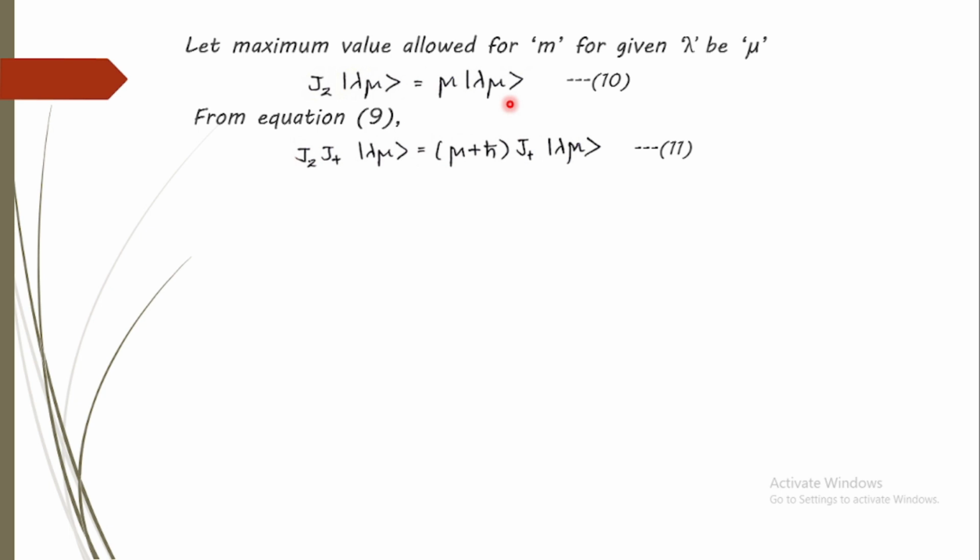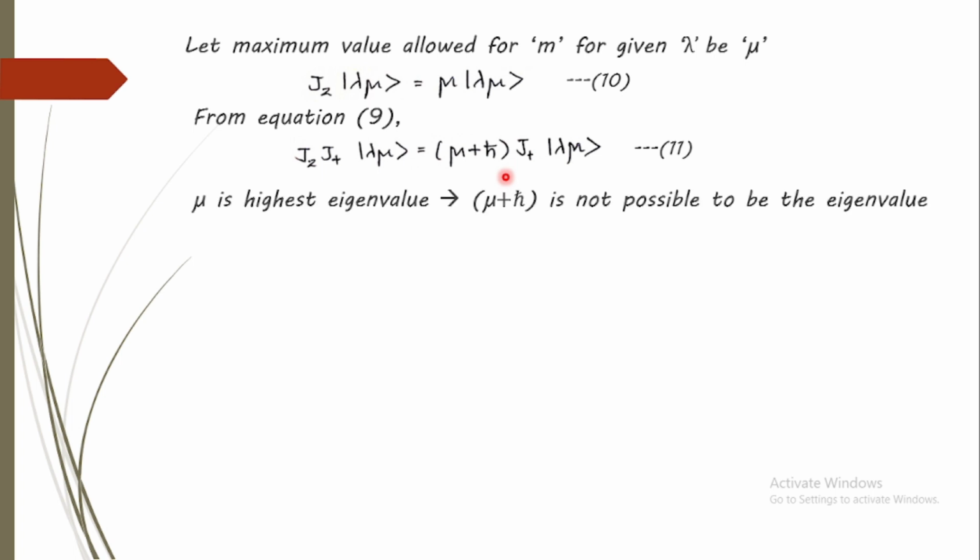When we elaborate it as in the previous slide, we get Jz J plus ket lambda mu equals mu plus h cross times J plus ket lambda mu. Earlier we multiplied by J plus on the left, made use of the commutation relation, and took the h cross part to the right hand side. It is the same as the previous equations, only instead of m we have mu.